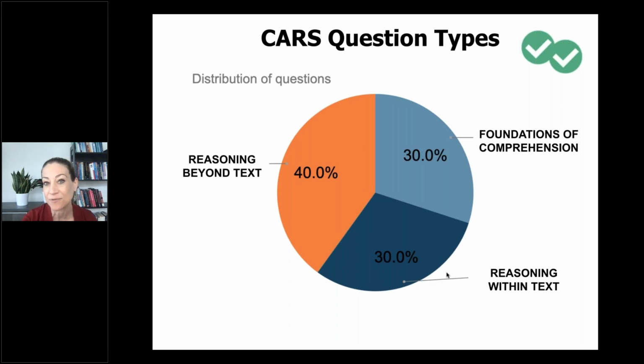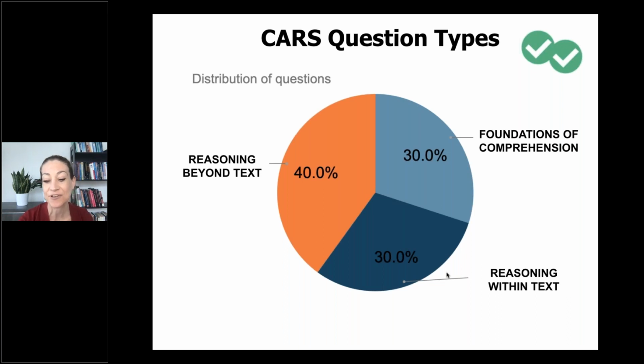This is one of the reasons that CARS tends to be fairly challenging: you see questions that introduce another element or ask you something related to an analogy, and then you need to figure out the correct answer to what is usually a hypothetical scenario.